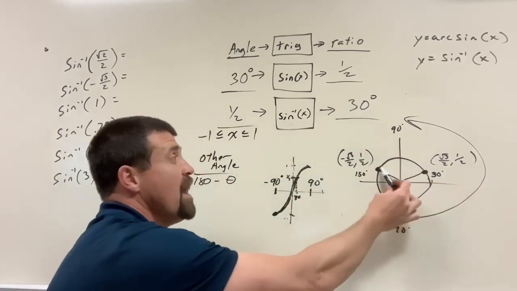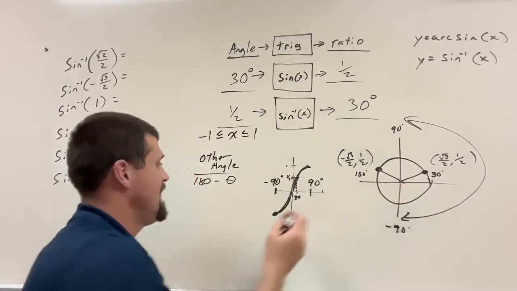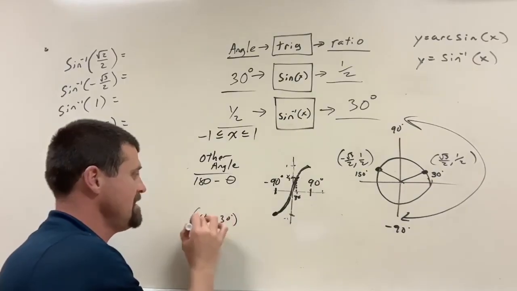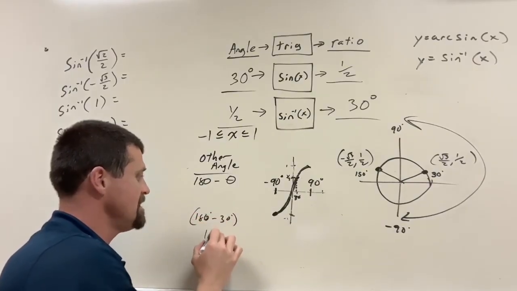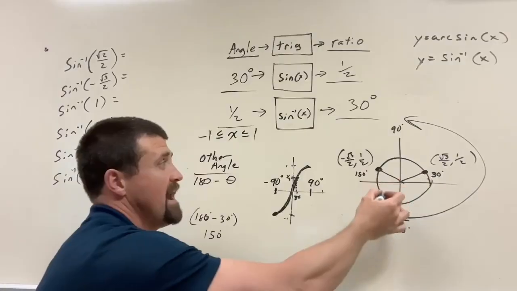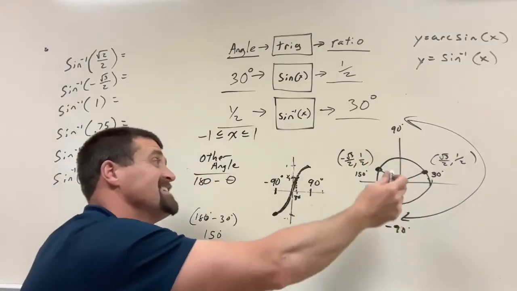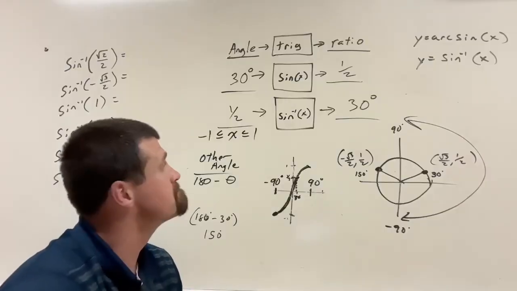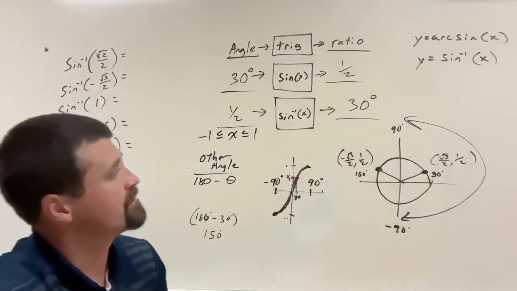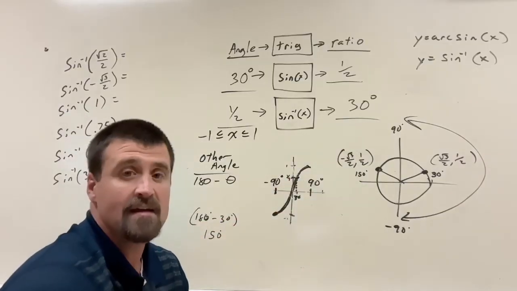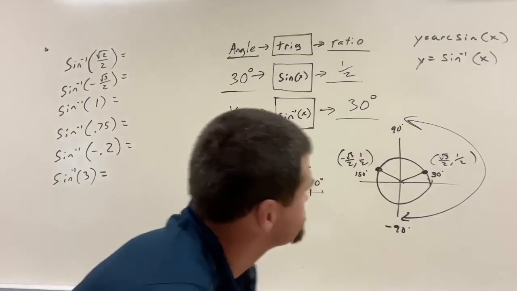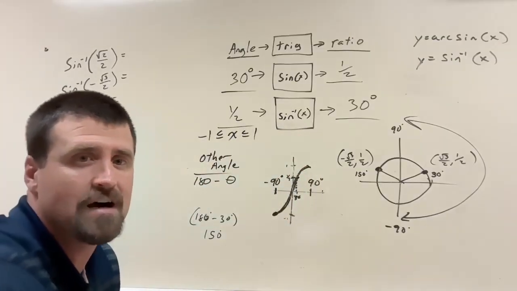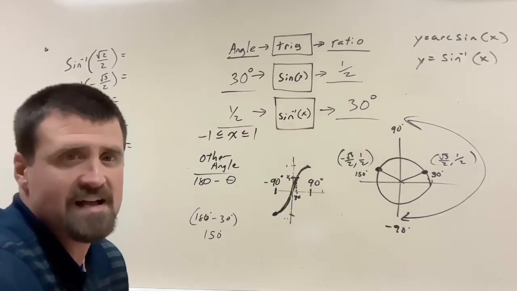If I want to get the other angle from the unit circle, I would do 180 minus 30, and that would give me the 150, which is the other angle on the unit circle with the same sign as the 30 degrees. And that'll help you in a few different contexts, when you're solving equations or when you're solving some of the law of sines problems.